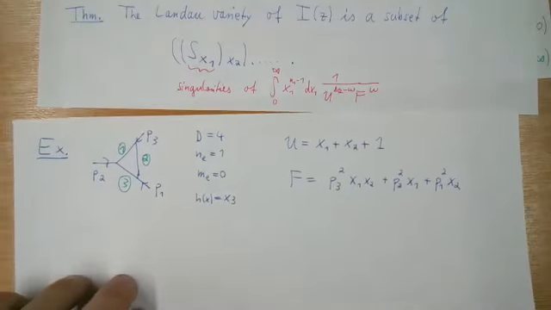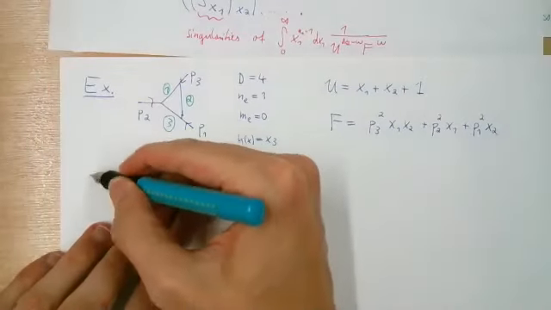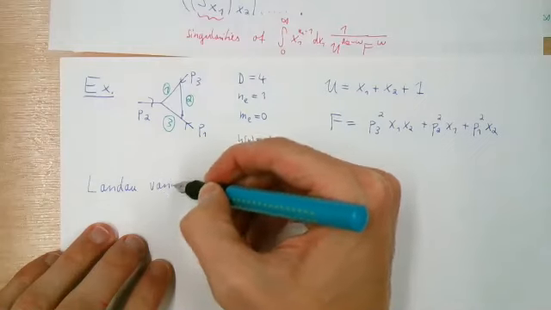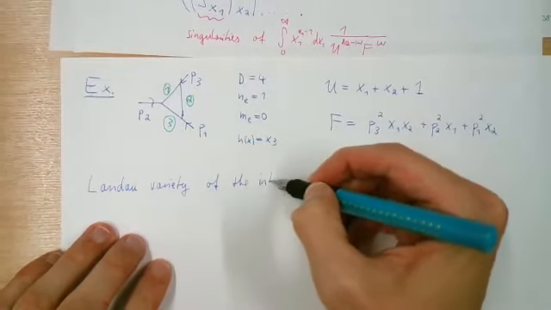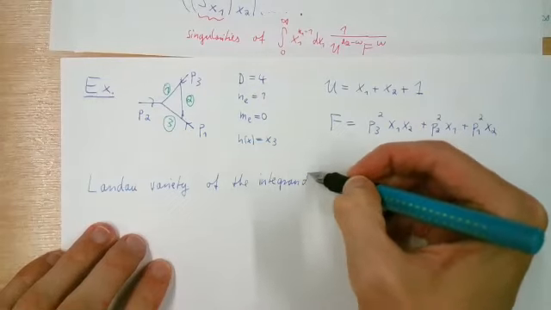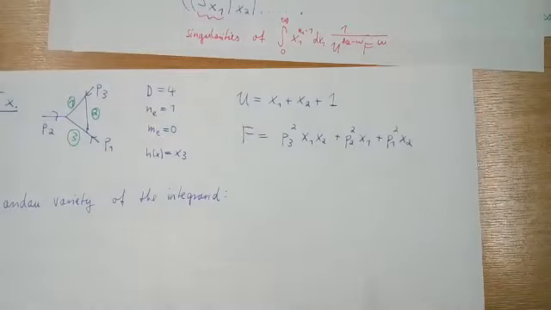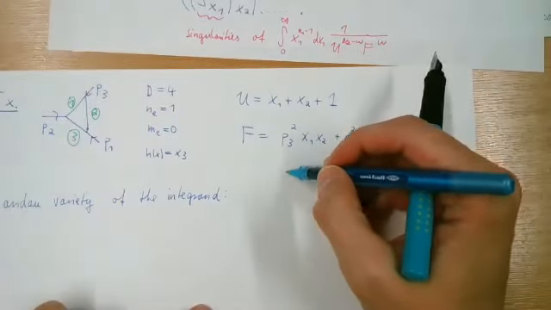Okay. And now we start with the Lambda variety of the integrand. Well, what is actually the integrand? If you work it out, the superficial degree of convergence is 1.